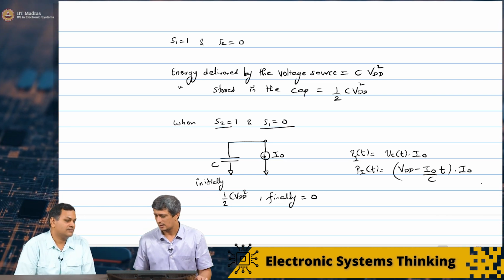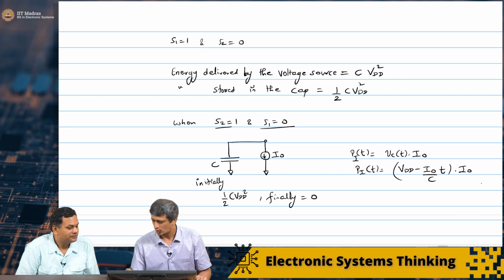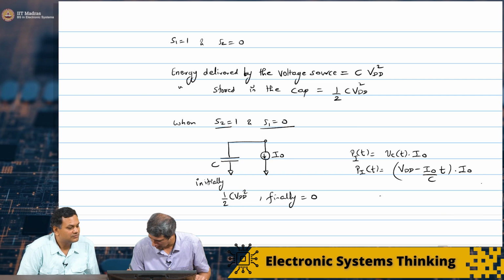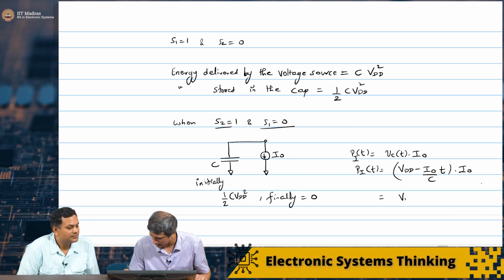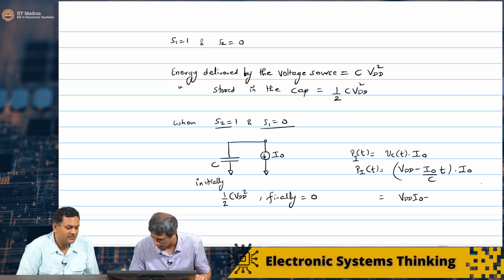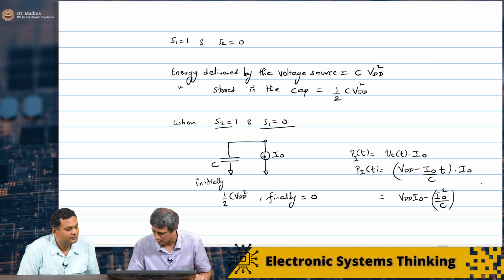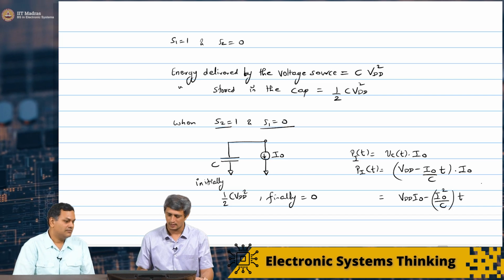Then we are going to look at the integration. I think this is interesting. So we can write this as VDD I naught minus I naught squared by C into T.